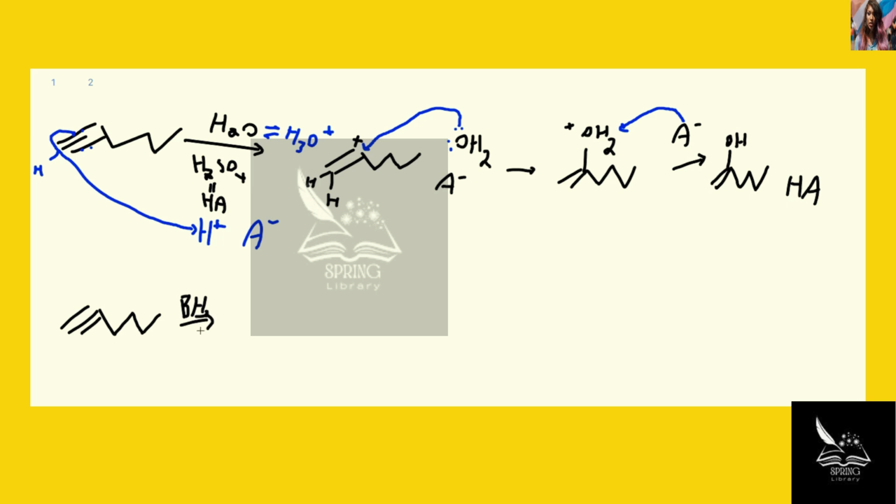With some sort of oxidizing agent, so H2O2. So boron, we can imagine boron looks something like this. So we have 3 hydrogens, so we have 2 hydrogens on one side, and one hydrogen on the other side. So boron with 2 hydrogens is going to be larger and more sterically hindered than just this hydrogen.